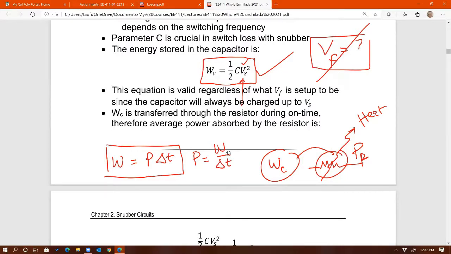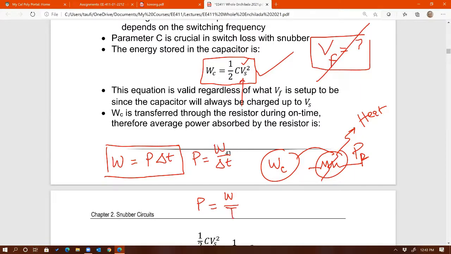You agree? If that's the case, then what is our delta T? Well, this loss occurs once every what? This process repeats once every cycle, and a cycle is a period, right?